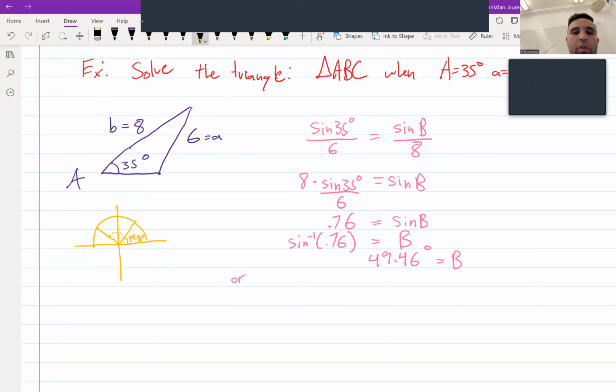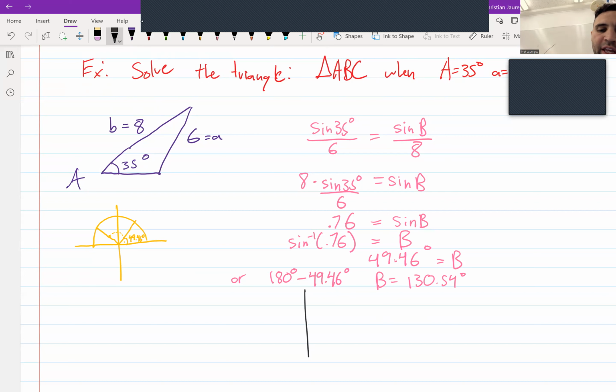And for that other angle, it's going to be 180 degrees minus 49.46 degrees. And we get 130.54 degrees. It's totally an option. All right. So we consider both options.